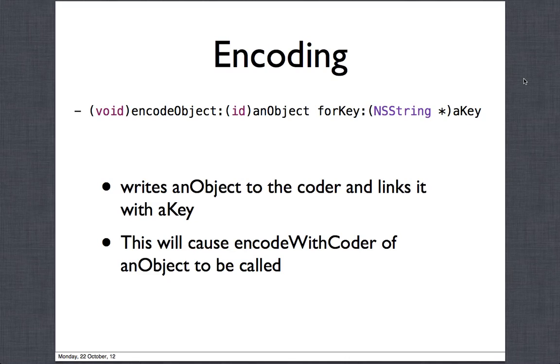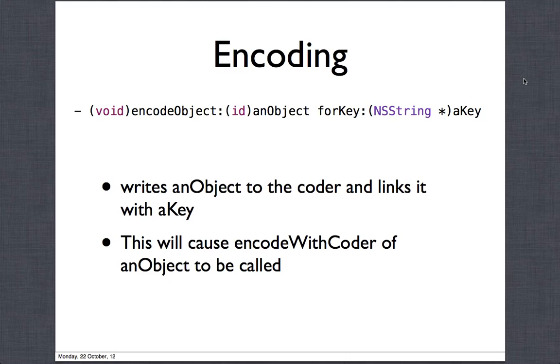If we want to encode an object, we are going to call this method, encode object for key. The main thing here is the key. If we are encoding some object, we are converting it into a series of bytes. And if you just look inside a series of bytes, it's just ones and zeros. You won't be able to distinguish which part is your object.